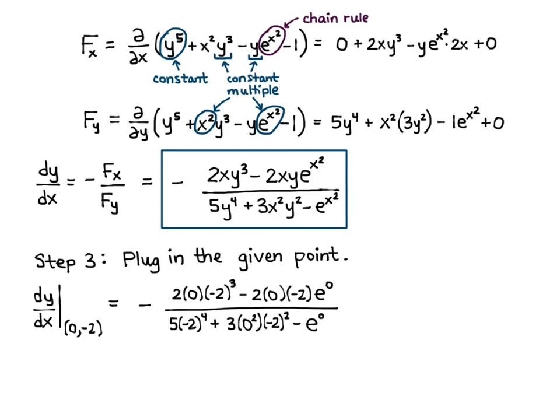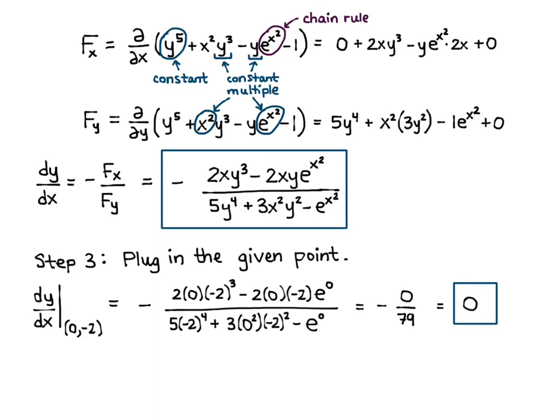Don't forget the parentheses around the negative 2 when raising it to a power in your calculator. And this is equal to negative 0 over 79, which is just 0.